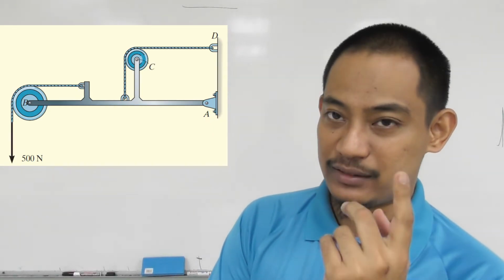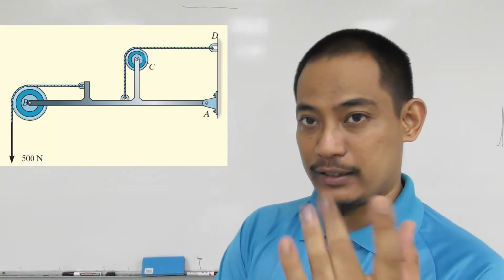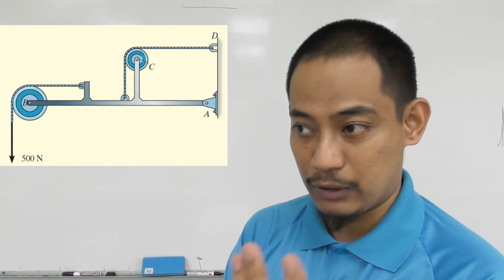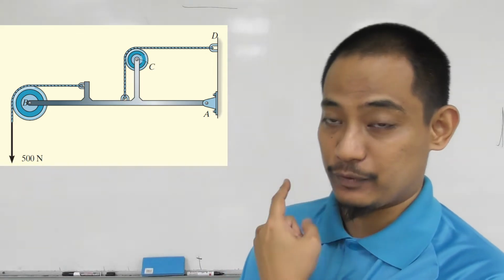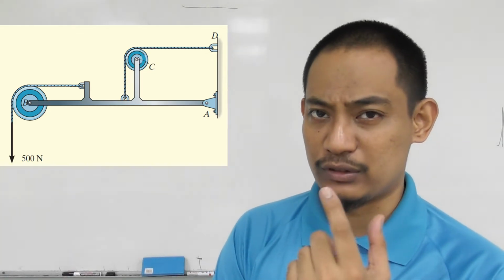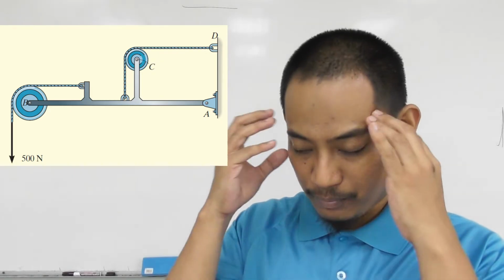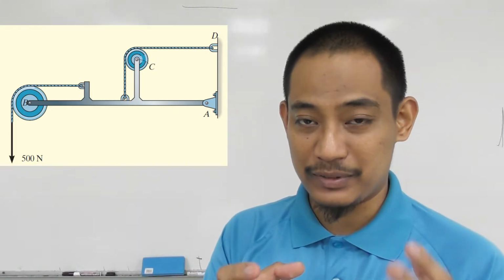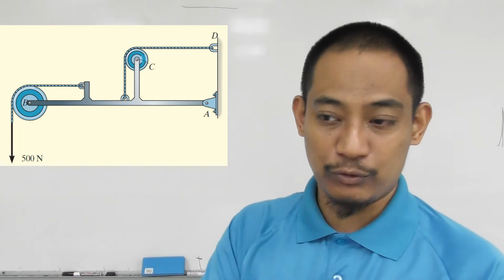Now, the best is you pause, you try, and then you continue and see how it matches with my answer or what I draw here, right? Because that's the best way to learn. You try your best answer and see where you make a mistake, and then you know how to improve.